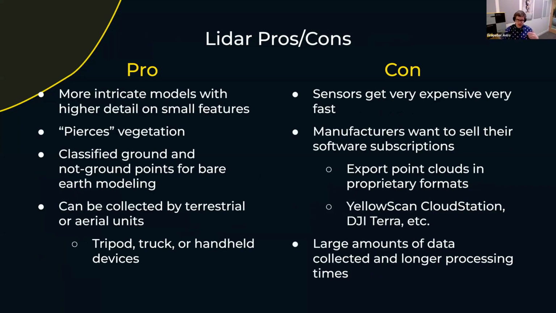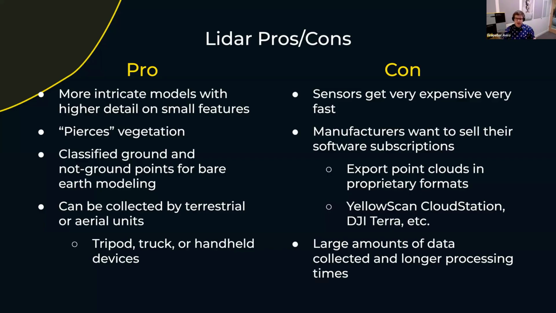As far as LiDAR goes, on the other half of this, you can model those more intricate models much easier, because it is just using a laser rather than a flat image to model it. You are able to get returns off of every single piece of the feature you're trying to collect. Like I said, it also, quote unquote, pierces vegetation, which isn't true, but is true for the most part.